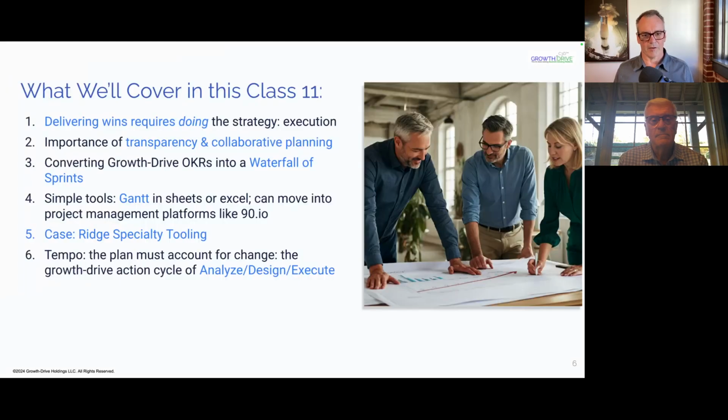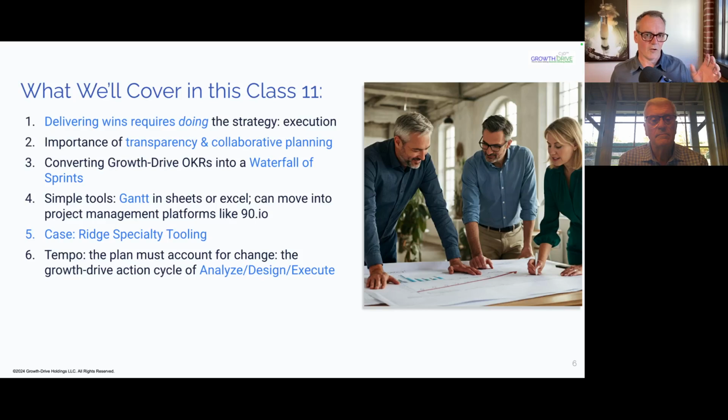And here's what we're going to cover in this class. We're going to cover the fact that delivering wins requires people executing the strategy. We'll talk about the importance of transparency. I've hit on this in so many classes up to now: collaborative planning, collaboration, transparency.